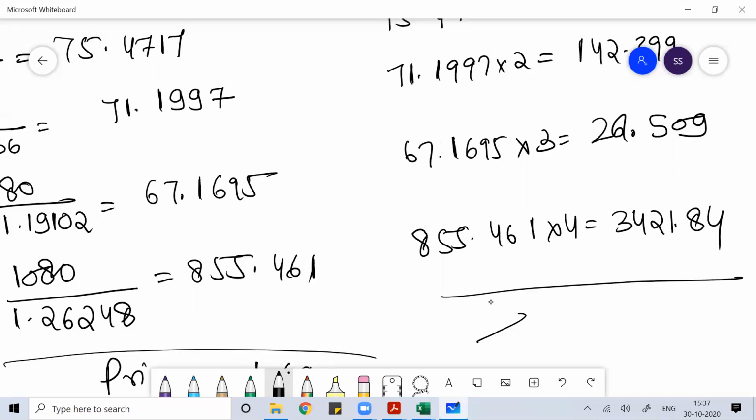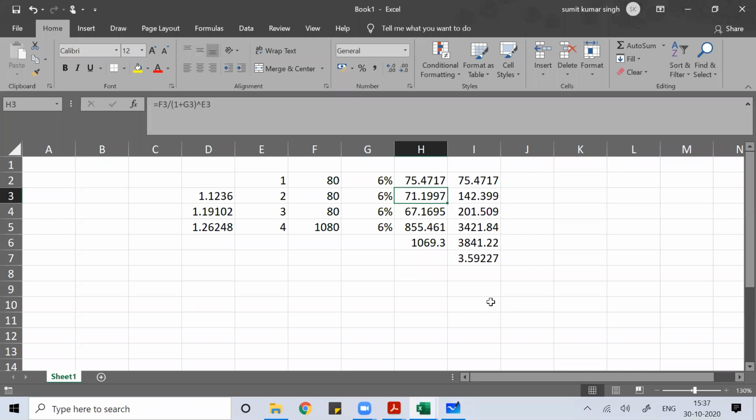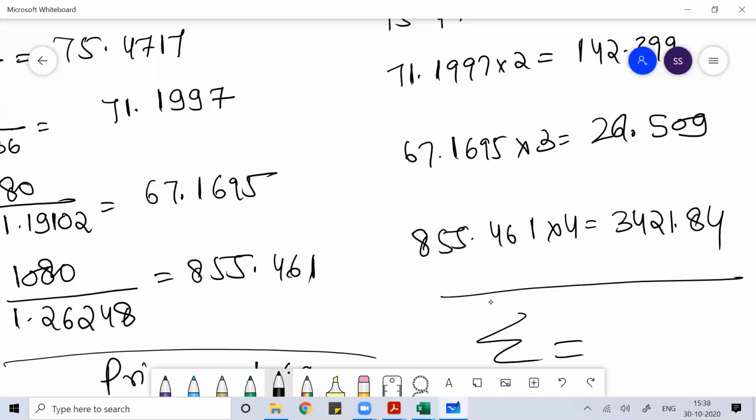If you do the sum of them, you'll get 3841.22.